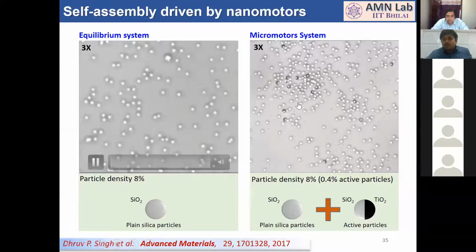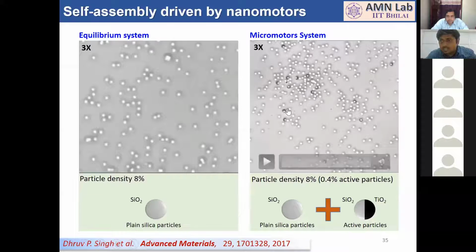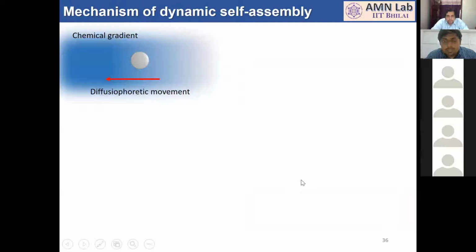So in the mechanism part, meaning how this thing is happening, I'm not going into very much detail here, but briefly we can see that there is a very fundamental physics: if you put a normal particle or colloid in a chemical gradient, then it responds to the chemical gradient and starts to swim following it.